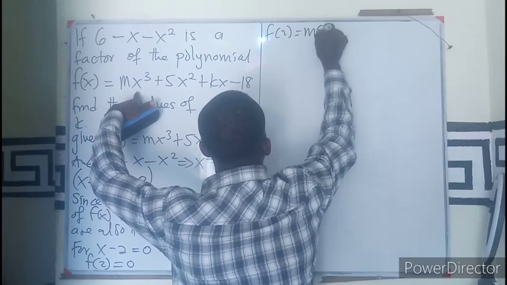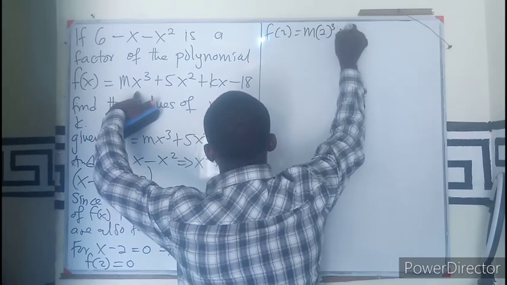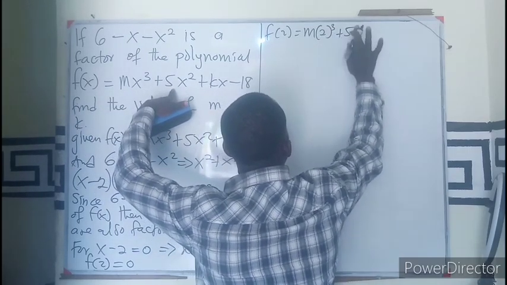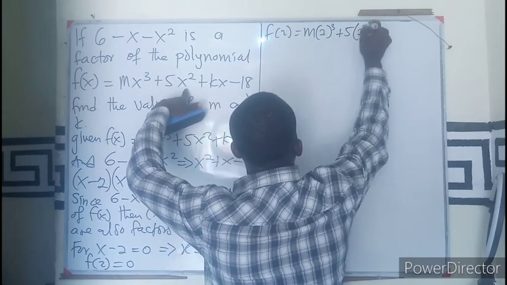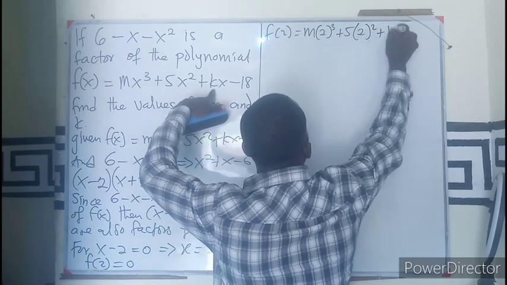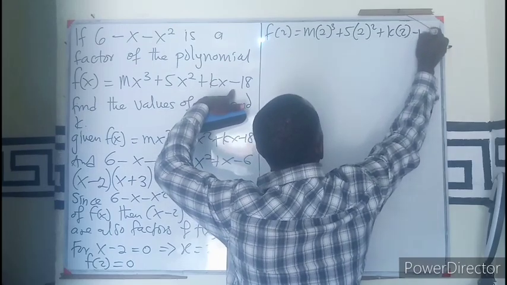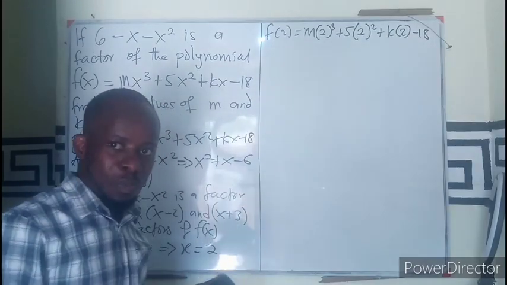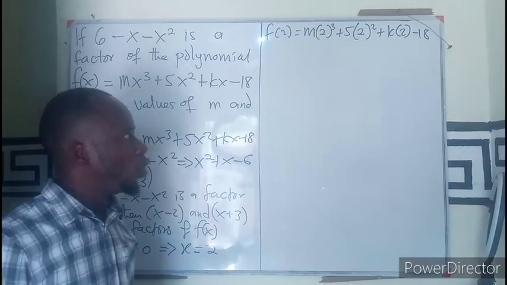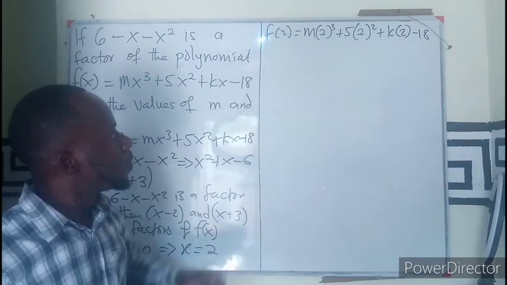So our f of 2 is going to be m times 2 to the power 3, plus 5 times 2 squared, plus k times 2, minus 18, replacing the x in the polynomial with the 2.